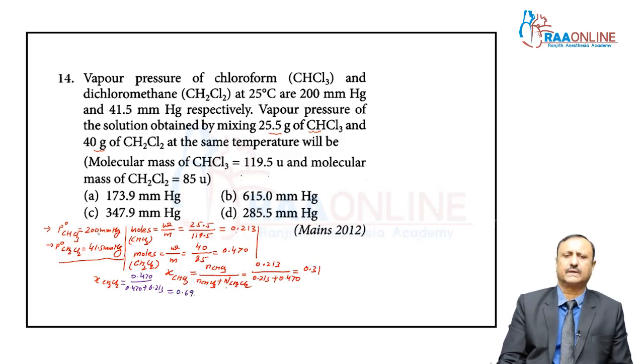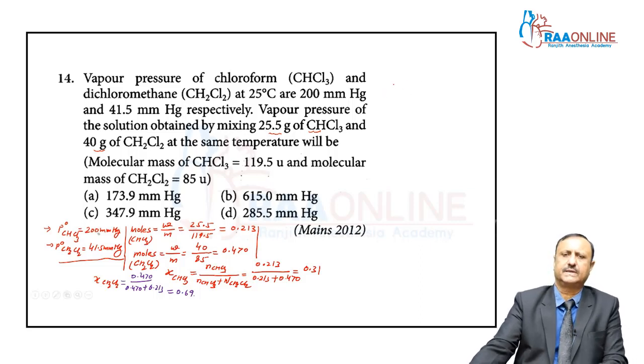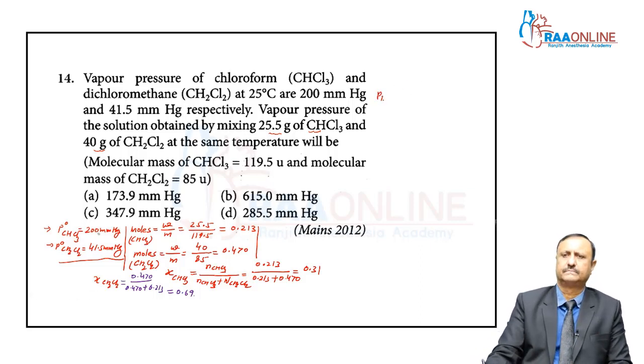Now, my dear students, you can calculate all the moles and mole fractions. Now we can put the formula and the values. Here we can see P total equals P0A into XA, X for chloroform, plus P0V into X for CH2Cl2.